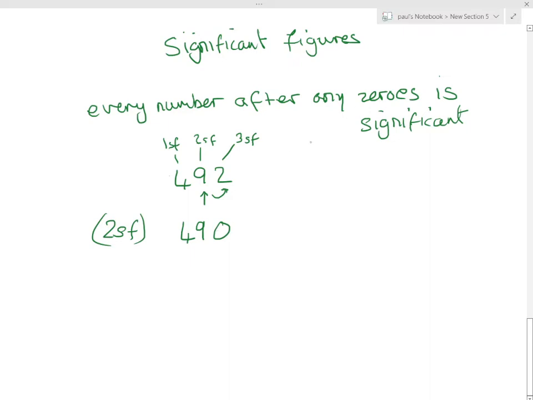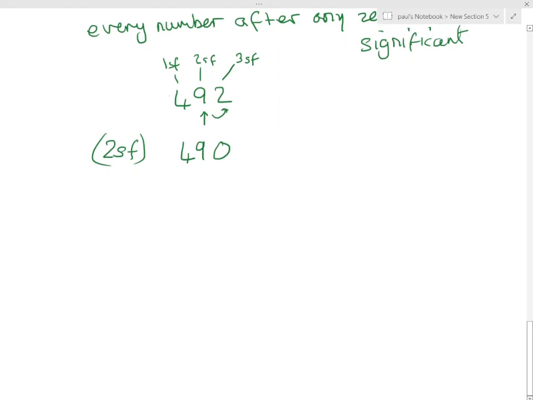Now we mentioned about zeros. Obviously you don't get any zeros at the beginning of a whole number, but you do when you're using decimal numbers. So if we've got 0.0048 and we want to round this to two significant figures. Now remember, anything before the numbers that are zeros are not significant.